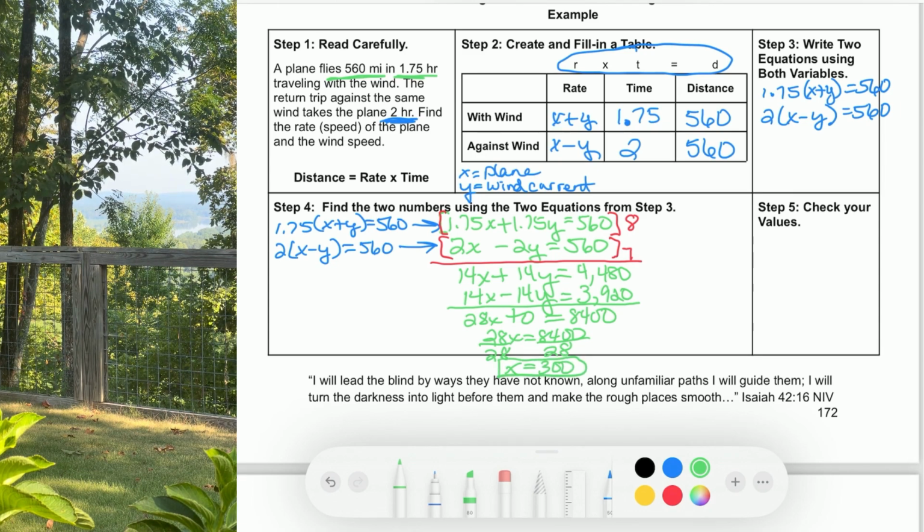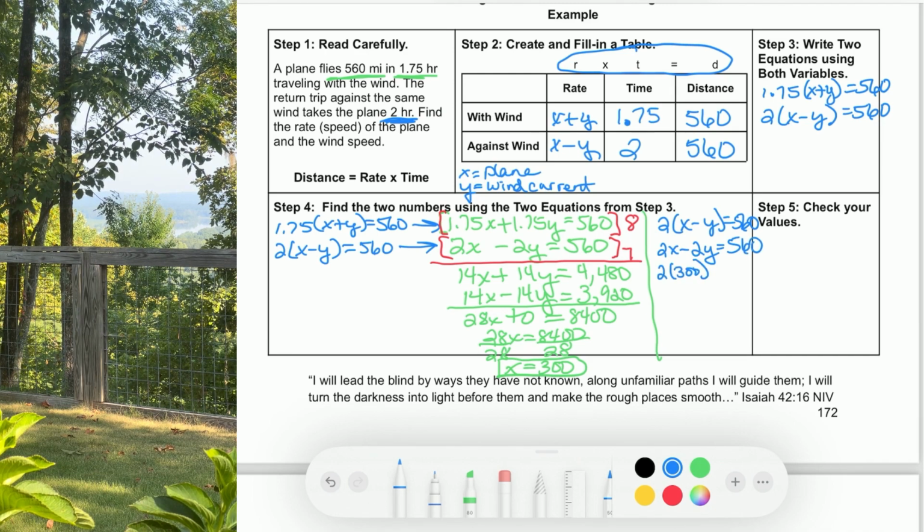All right, so I know my x now. I'm going to use one of the original equations to find my y. So let's draw a line here. I'm going to use the 2 times the x minus y because we don't have any decimals in that one. So we end up with 2x minus 2y equals 560. And I'm going to plug in for my x, 2 times 300.